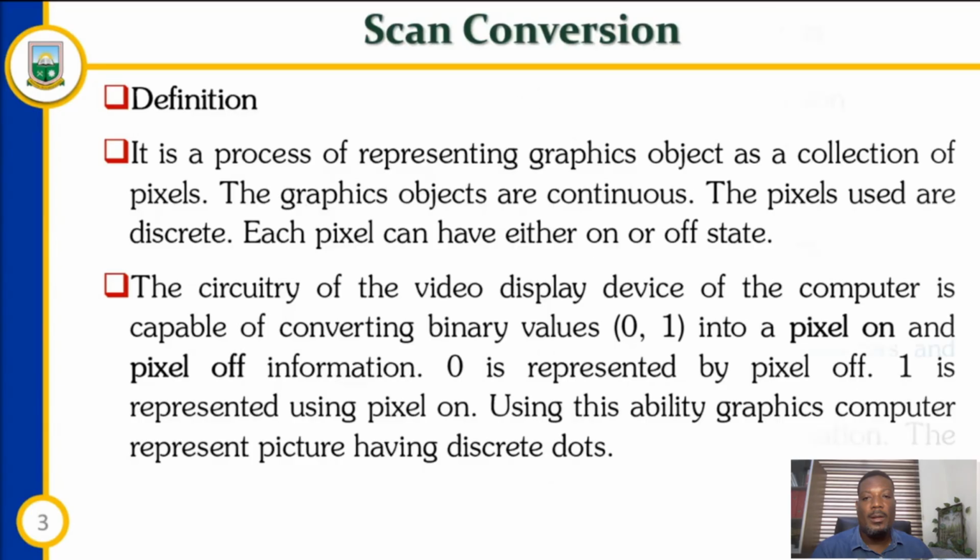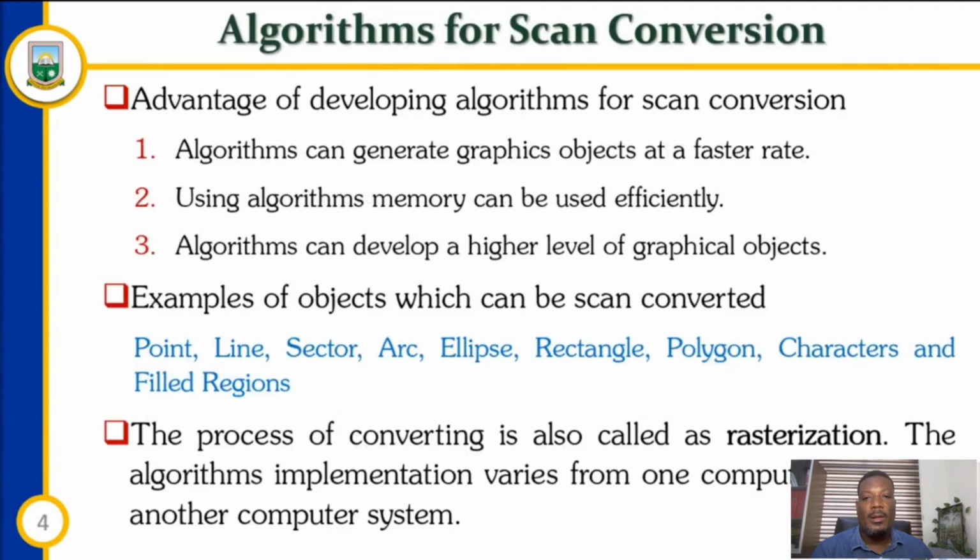Now, there are advantages of developing algorithms for scan conversion, and these are the three main advantages. The first is the generation of graphic objects at a faster rate. When you have an algorithm created, it's very easy to generate a graphic object as fast as possible.